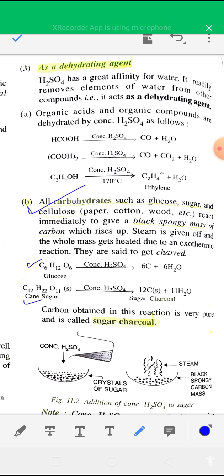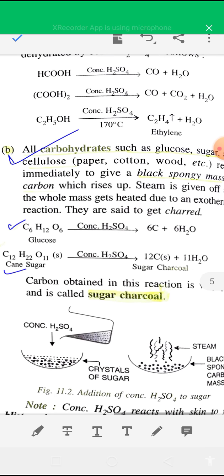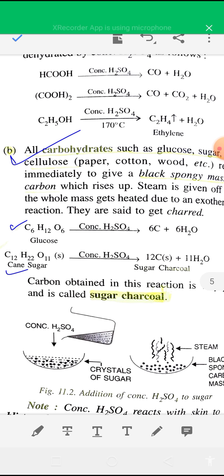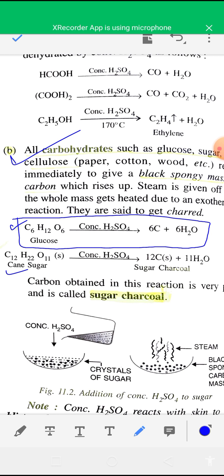The reactions are given: C6H12O6 with concentrated H2SO4 gives 6C plus 6H2O, the reaction of glucose. The reaction of cane sugar, that is C12H22O11, with sulfuric acid gives 12C plus 11H2O, sugar charcoal.